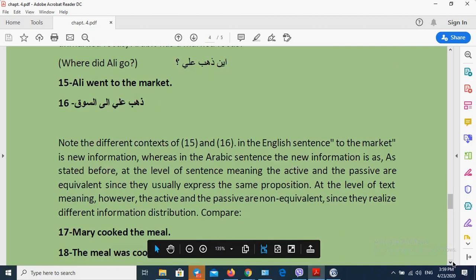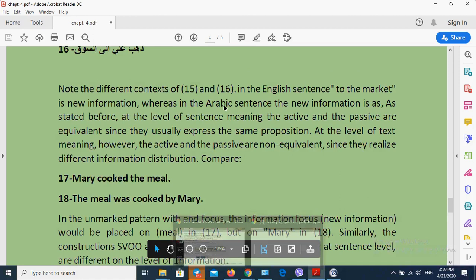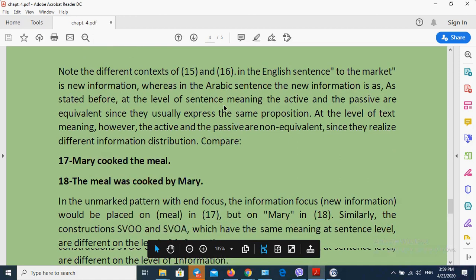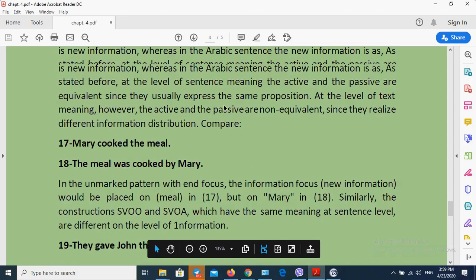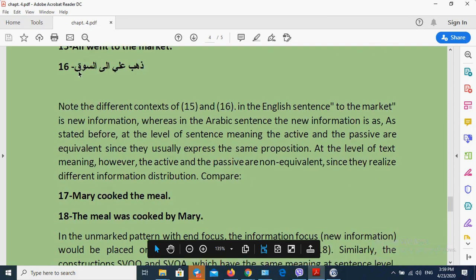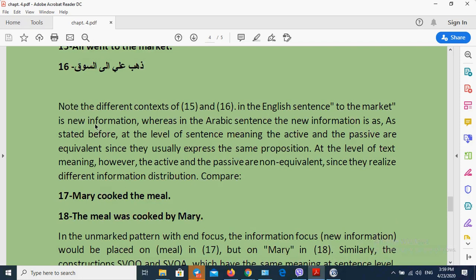Note the different context in 15 and 16. In the English sentence, to the market is the new information. Where did Ali go? He went to the market; this is the new information. Whereas in the Arabic sentence, the new information is as stated before.